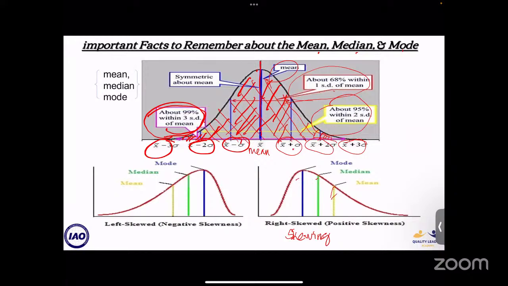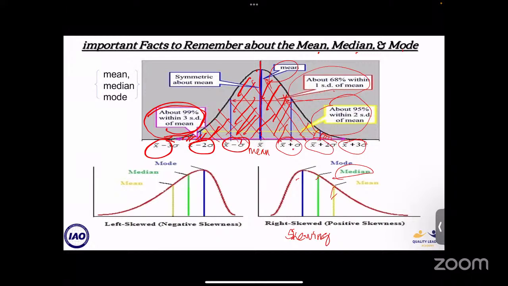In a skewed distribution, the middle line represents the median, while the mode and mean adjust depending on the skew direction. For the positive skewing, the median is less than the mean.